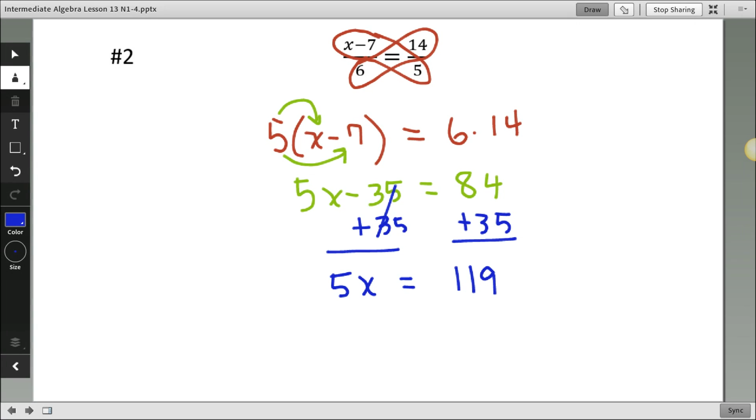And just like the last one, last step, we're going to divide both sides by 5. And unless that simplifies by either reducing or becomes a whole number, perfectly good answer, 119 over 5.